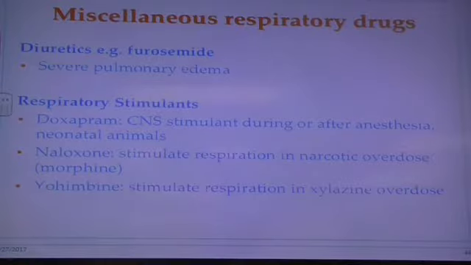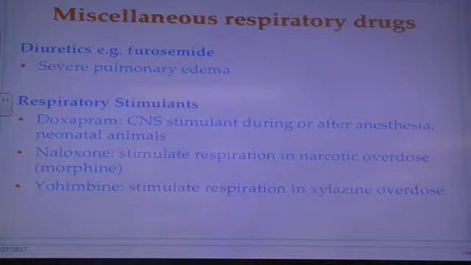For the miscellaneous respiratory drugs, we're done with the main ones, but some of them are not respiratory drugs, yet we use them to treat the respiratory system. For example, furosemide.